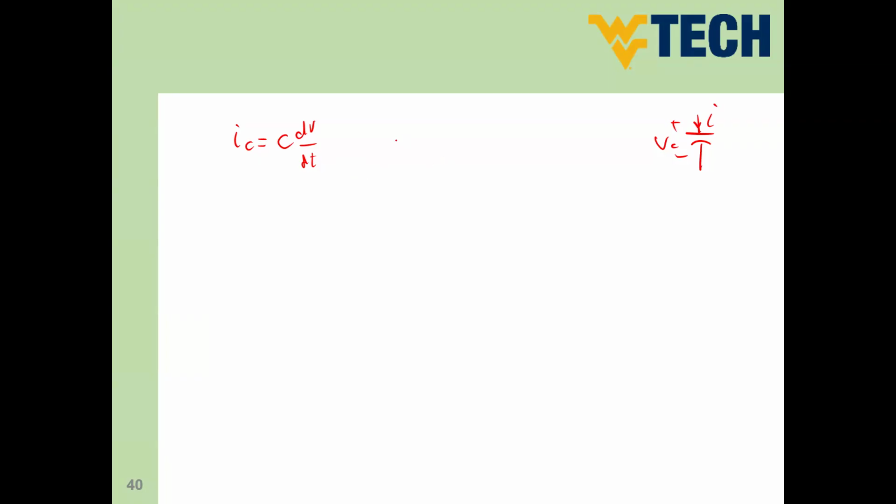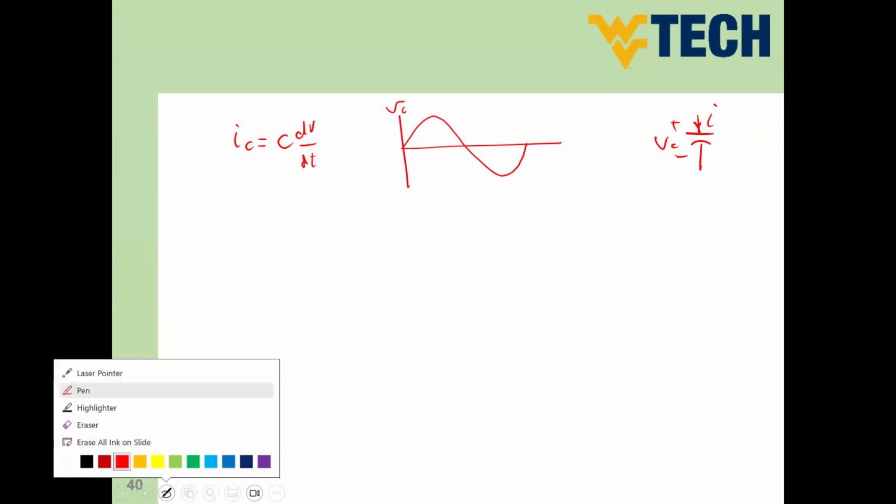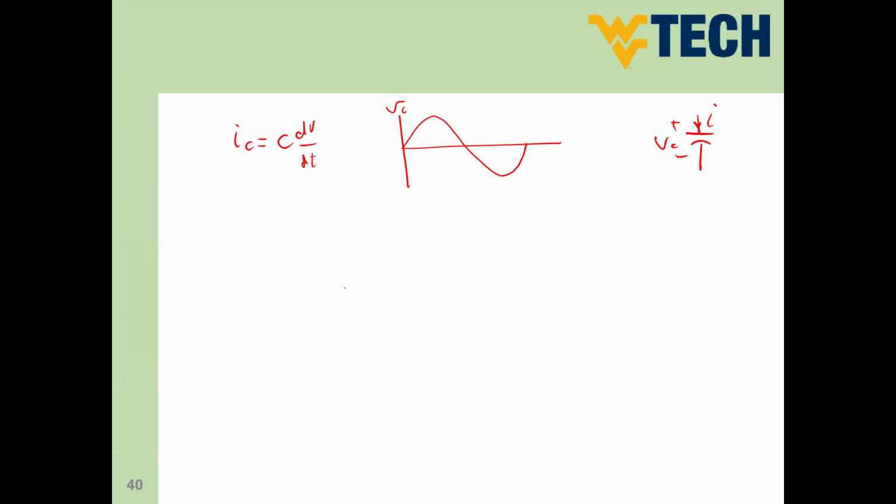In case of sinusoidal supply, we agree that if you have a voltage V, if this is VC, the capacitor current is going to be leading this voltage by 90 degrees, because dV by dt for a sinusoidal supply is going to make a 90-degree phase shift.